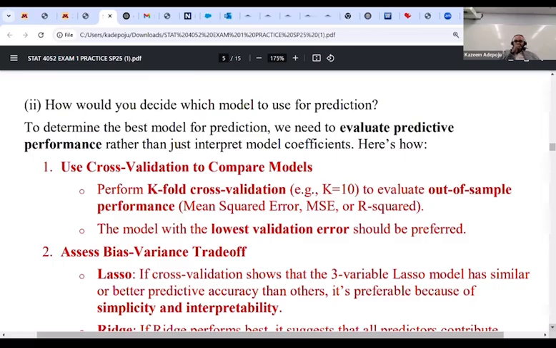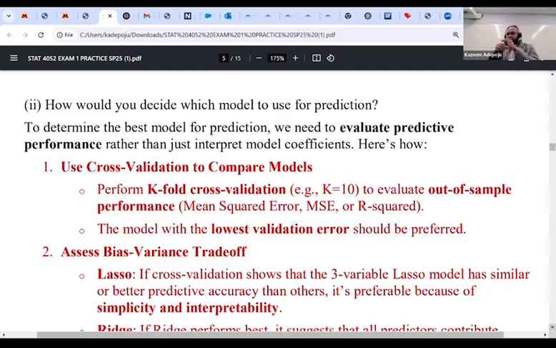I said, to determine the best model for prediction, we need to evaluate predictive performance. If you're using a different metric of evaluation to assess predictive accuracy, it's going to be an exercise in futility.